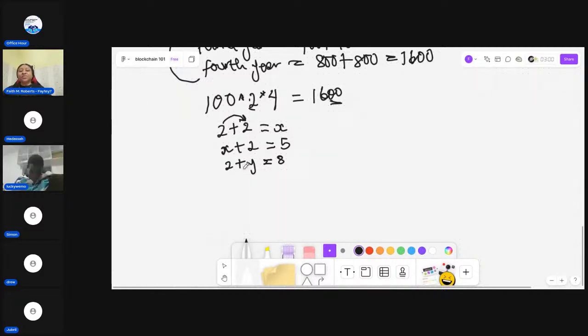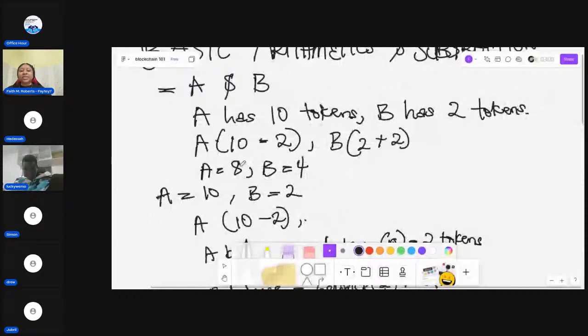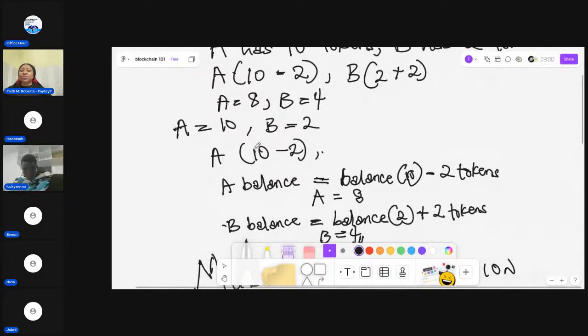Initially, when we solved for person A and person B, we knew what person A's balance was, and we knew how many tokens left person A's balance. But what if we weren't aware of what person A's balance was initially, and we subtracted 2 from it, and then we finally got that the balance after subtraction is 8?